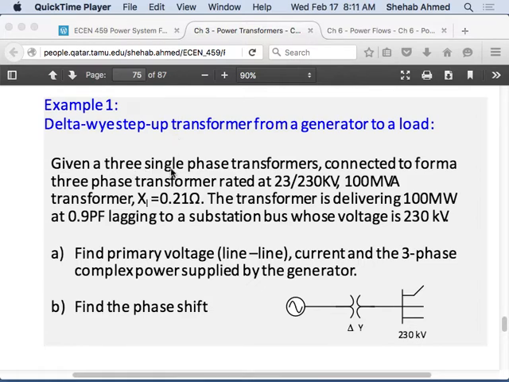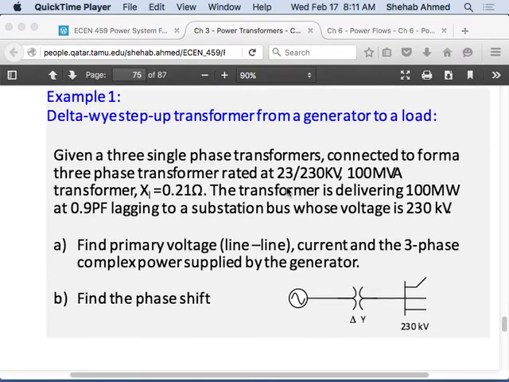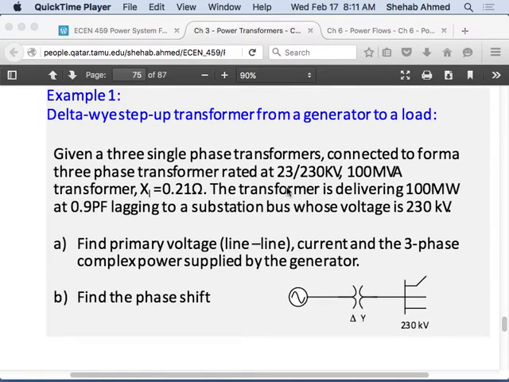Given three single-phase transformers connected to form a three-phase transformer. The three-phase transformer is rated for 23 kilovolts on the primary; these are the terminal voltages of the transformer on the primary. The terminal voltage of the transformer on the secondary is 230 kilovolt rating. That's the rated voltage, primary and secondary.